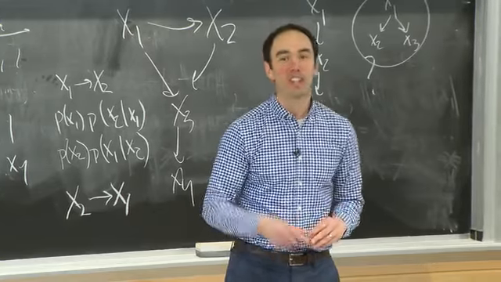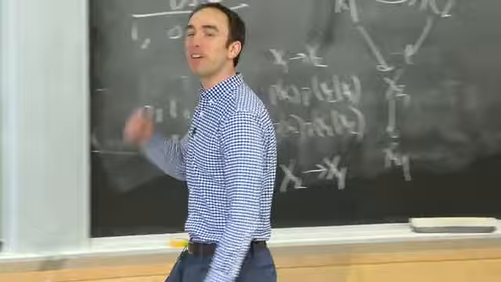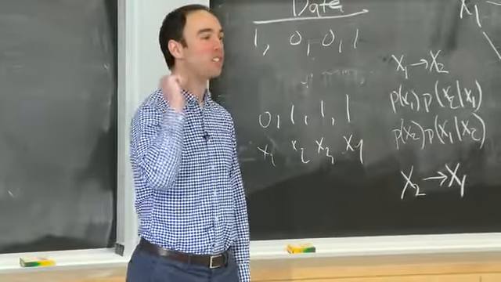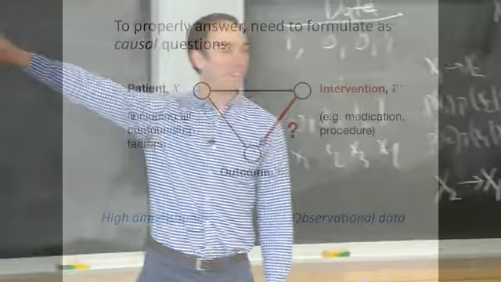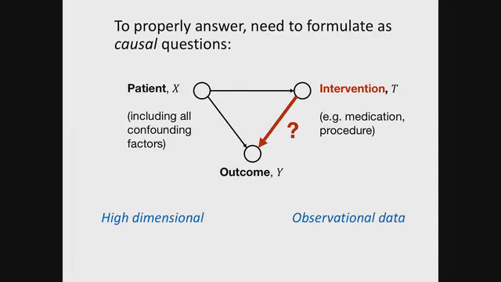OK? Today, we're going to be talking about the simplest possible setting you can imagine. That graph shown up there. You have 3 sets of random variables: x, which is perhaps a vector, so it's high dimensional, a single random variable t, and a single random variable y. And we know the causal graph here. Okay?